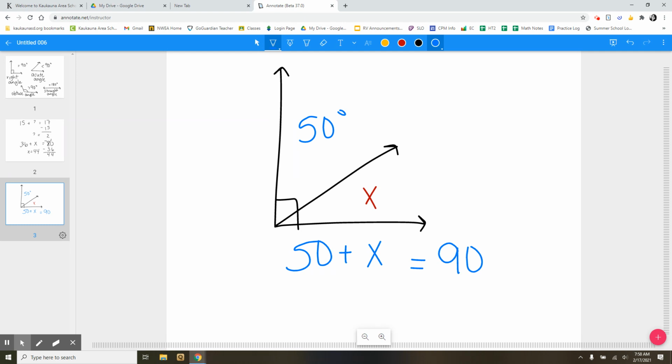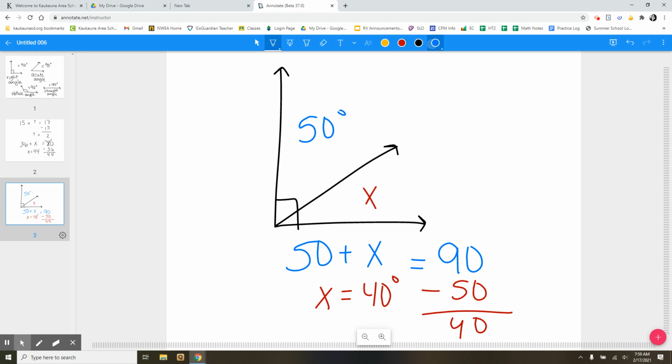We can see that we have a 50-degree and something we do not know. Just like we did before, we can use mental math to ask ourselves 50 plus what gives us 90, or we can tell ourselves that we know that 90 is our total. So I'm going to take away the value that I already know to find out that the missing piece is going to be that 40 degrees. Okay? This relationship right here has a really, really special name.